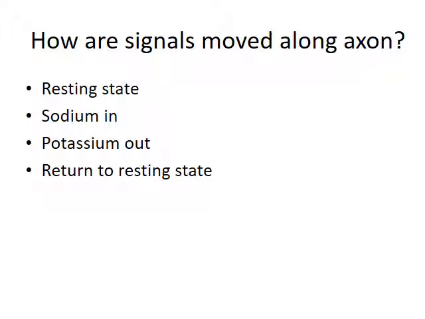So how are signals moved along the axon? So we have from the body, we have the axon that's going to carry a signal. There's 4 different states we need to observe as this electrical pulse moves by. So we start at a resting state, then we have a sodium flux in.